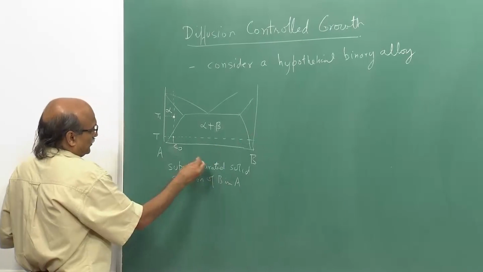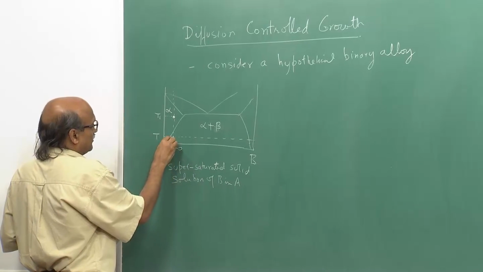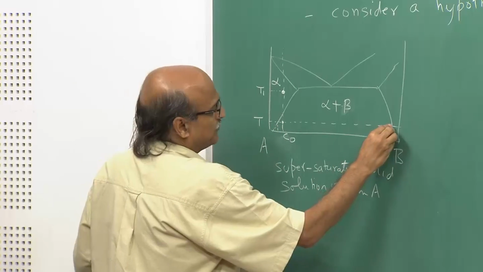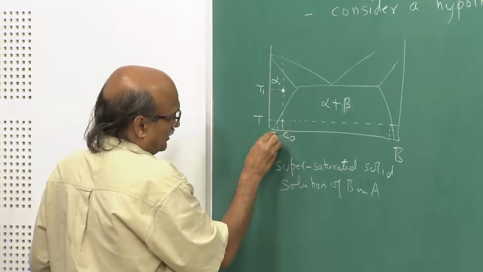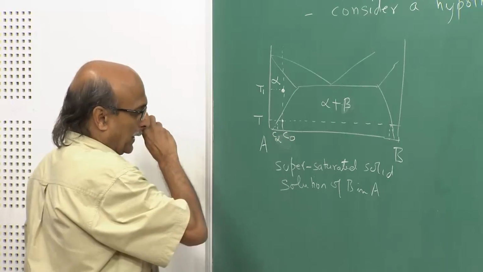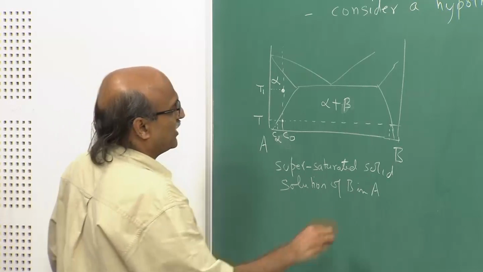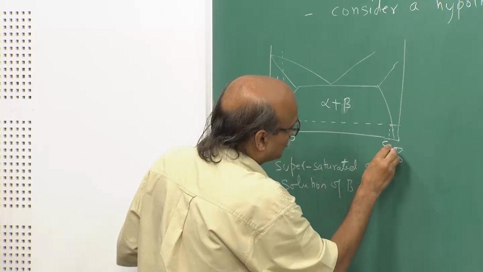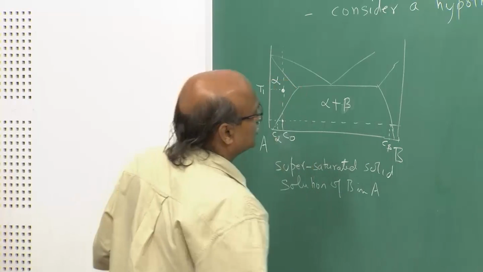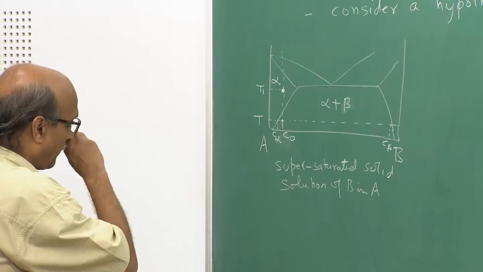and they should grow. If you look at the equilibrium that is required, the alpha should have a composition of C alpha, and the beta precipitate that forms should have a composition of C beta according to this phase diagram.